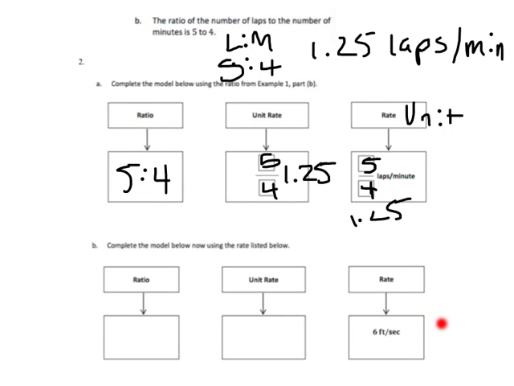Remember, that's 6 feet per every 1 second. It's a big hint as far as the ratio. So that's it. The ratio is going to be 6 to 1. That means your unit rate be 6 over 1, 6 divided by 1 is the same as 6. Then you get your rate over here, 6 feet per second.